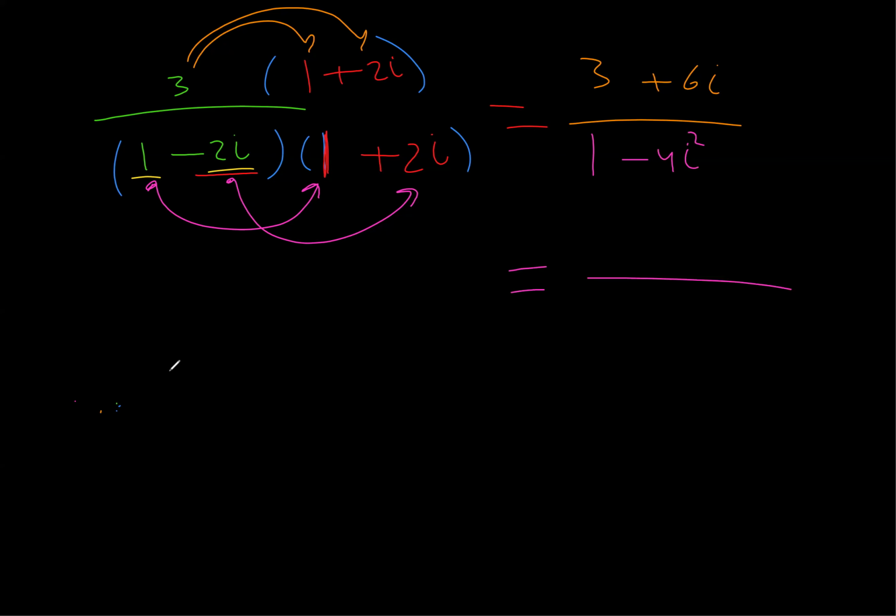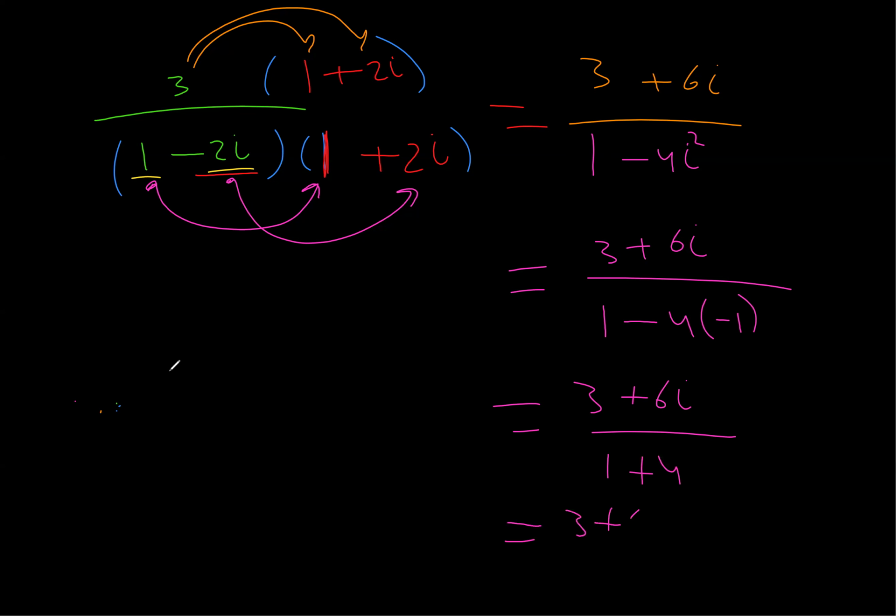Good, thank you. Now write the numerator as it is, 3 plus 6i. And now you'll get in the denominator 1 minus 4 times i squared, which is negative 1. So now you'll get 3 plus 6i over what? 1 minus 4 times negative 1, it's going to be positive 4. So that means the result will be 3 plus 6i over what? Over 5.